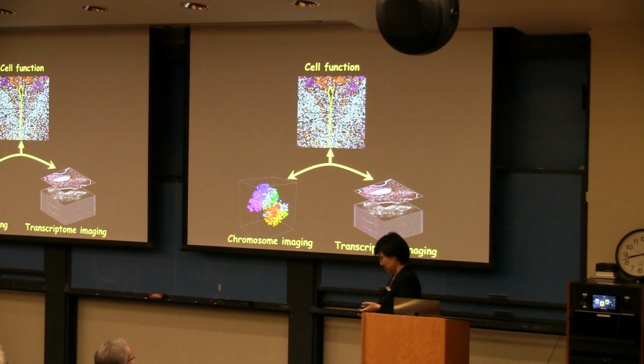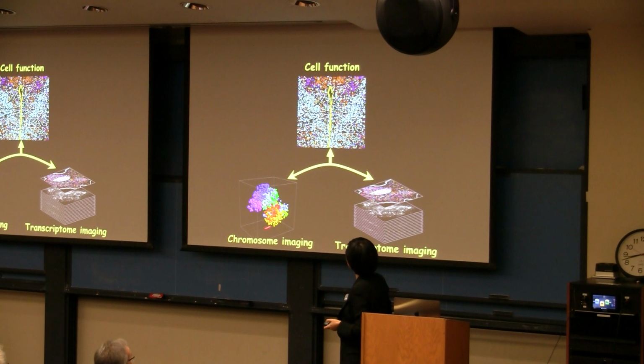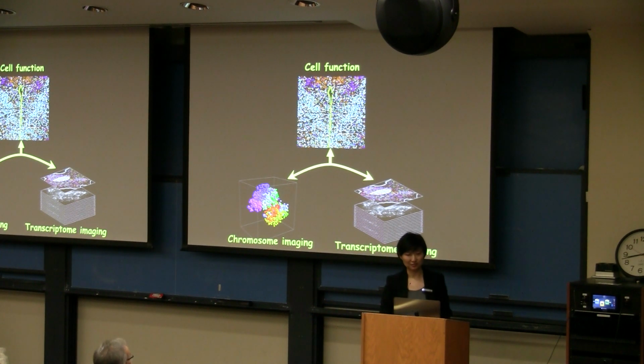So with that, you can imagine that we can triangulate to look at the whole chromosome organization, to look at the whole genome expression profile, to understand how the 3-dimensional structure of our DNA polymer in our cell regulates gene expression, and how gene expression affects this 3D structure, and how gene expression influences cell function, and so on.